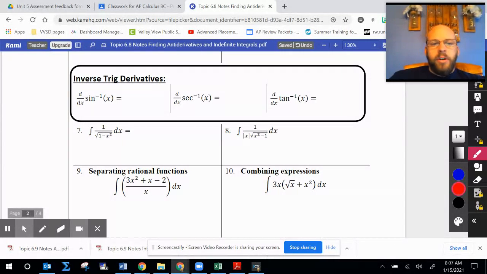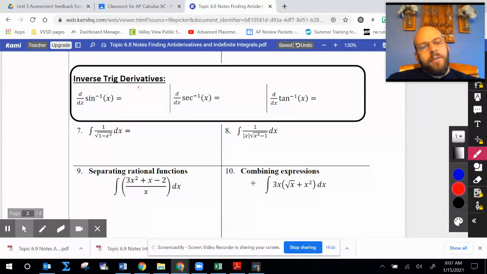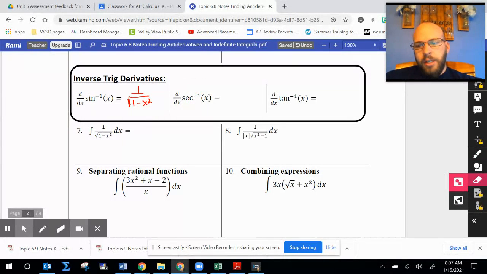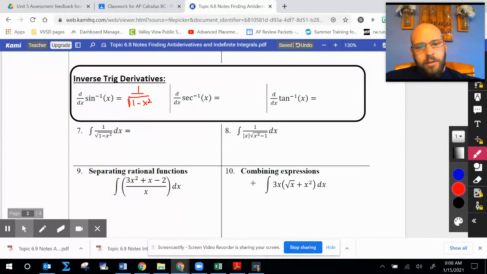Inverse trig. Okay, now look at the way this is set up. The derivative of sine inverse is a 1 over square root 1 minus x squared. We're not going to do secant. And actually, I would prefer this to be a cosine. So we're going to call this cosine inverse.